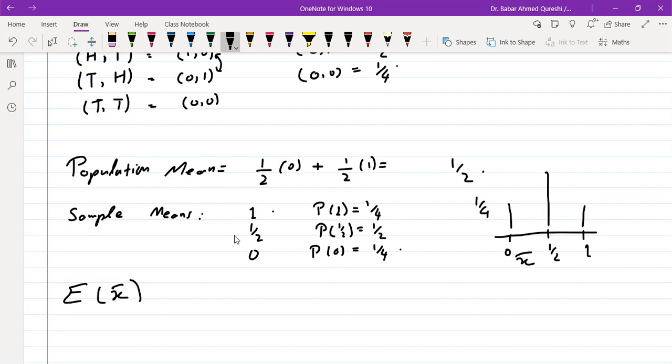Expectation value of the mean is you have first value times its probability plus second value times its probability plus third value times its probability, which is equal to half, which is equal to the population mean.